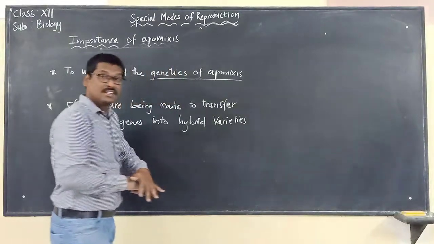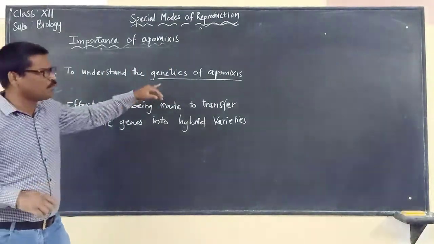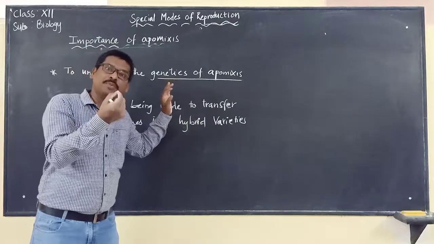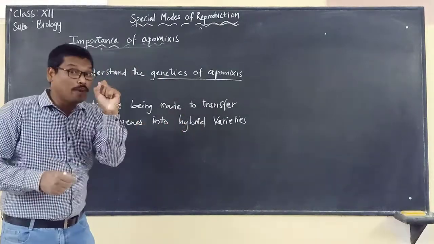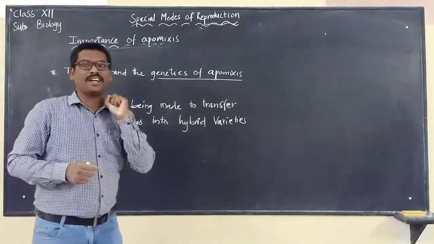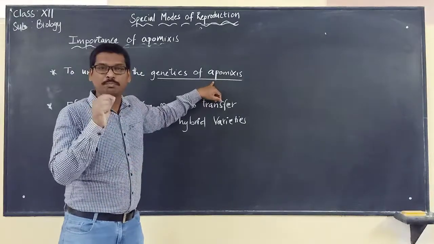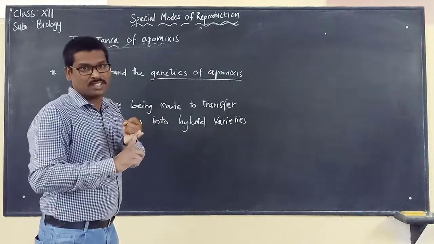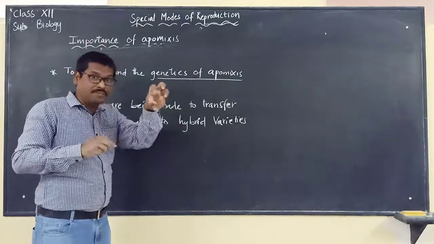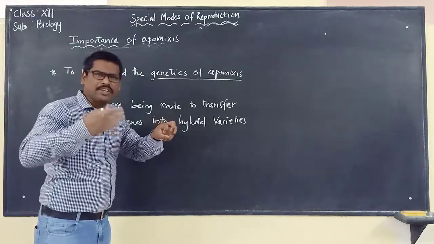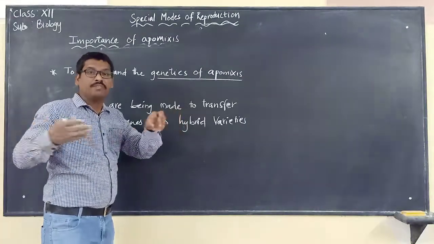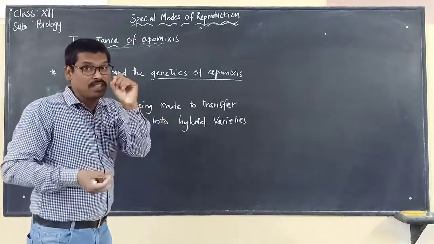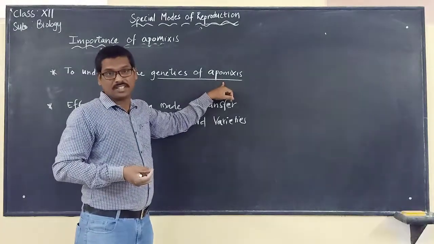To understand the genetics of apomixis means to understand how seeds are formed without fertilization. Which gene is important for the apomixis process? In order to identify that, active research is going on in various parts of the world.